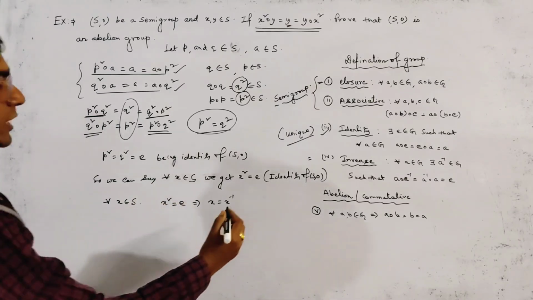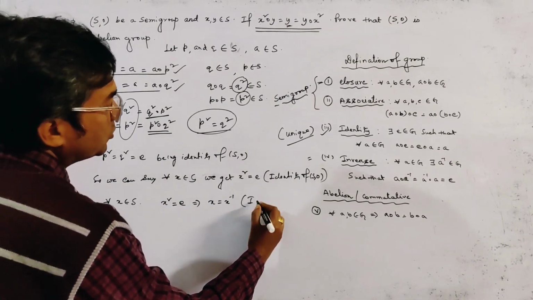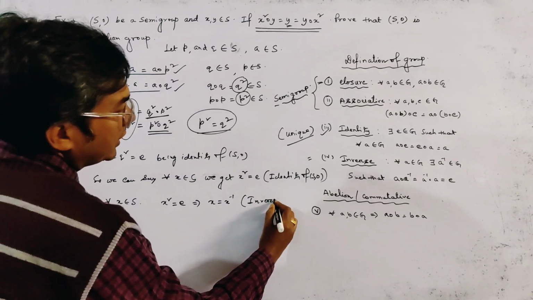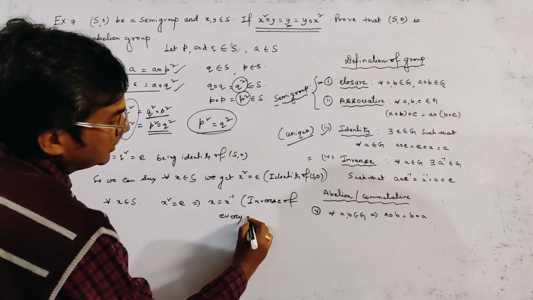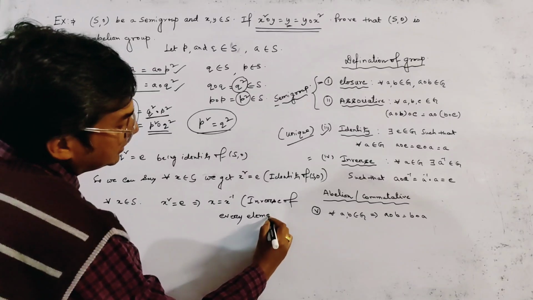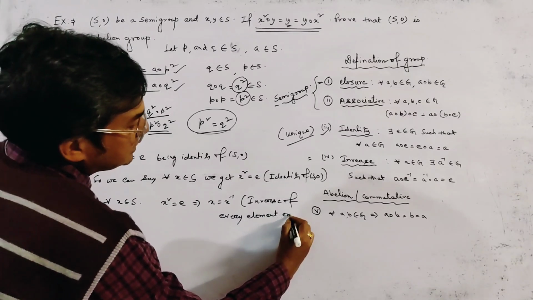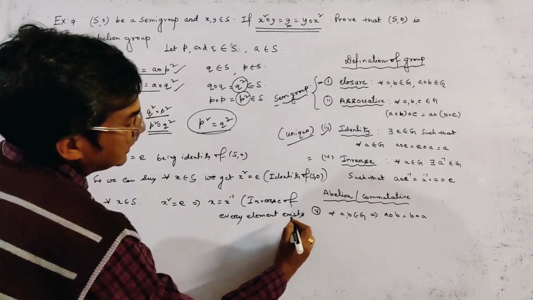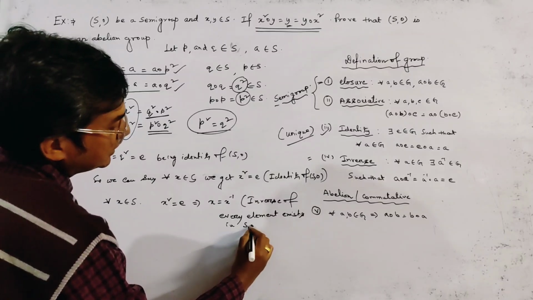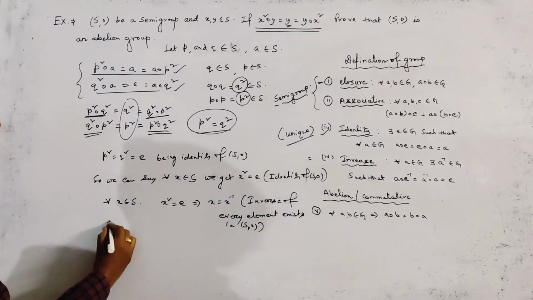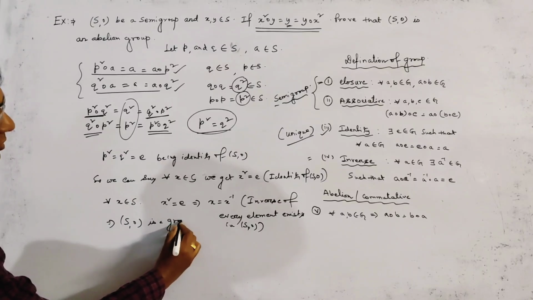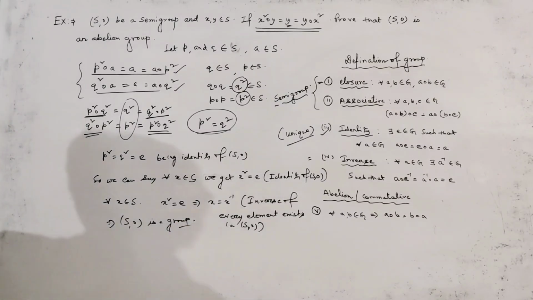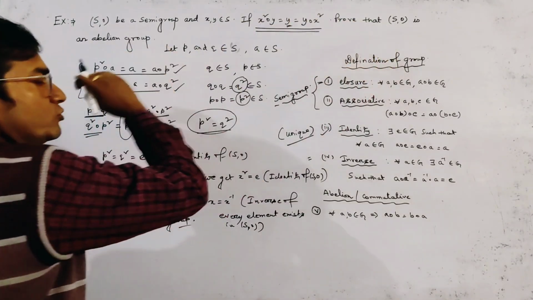So here we say that the inverse property also holds. The inverse of every element exists in (S, ∘). So we say that (S, ∘) is a group. So we have first proved that (S, ∘) is a group.